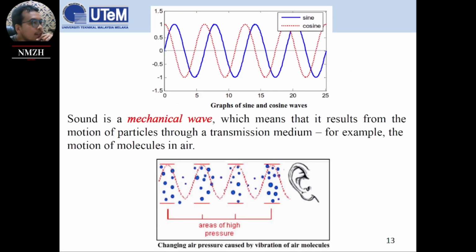All right, so this is the sound. It is a mechanical wave, which means it results from the motion of particles through a transmission medium.